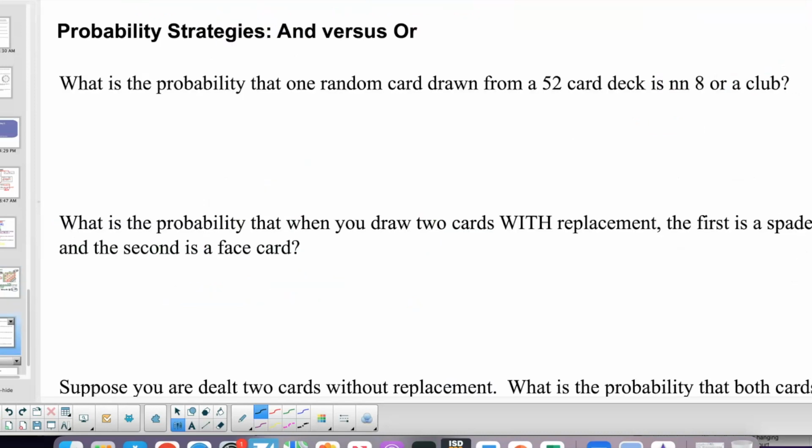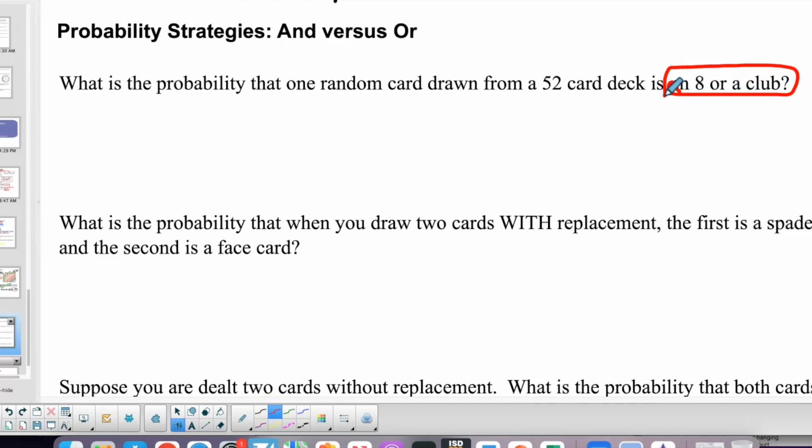So the and versus or. This will be the last page of your note packet, right here. Looking at that, what is the probability that one random card drawn from a 52 card deck is an 8 or a club? An 8 or a club.